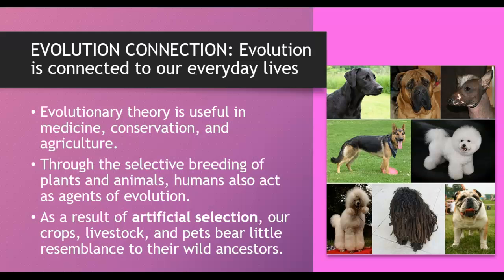What people have done to develop these different breeds of dogs and cats and horses and cows and other kinds of animals is choose the offspring from a litter that have characteristics that they want to enhance, and then breed those individuals with each other to increase the frequency of those genes or alleles in the population. That can lead to all these varied kinds of breeds that look very different from each other even though they belong to the same species.